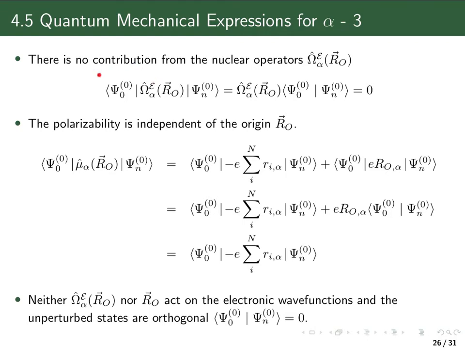So I can move the operator out of the integral because it's not the same variables. And so what we end up with is an overlap integral between the electronic ground state and an excited electronic state, and those states are orthogonal, so this is 0. Therefore, there is no contribution from the nuclear part of the electric dipole moment operator.